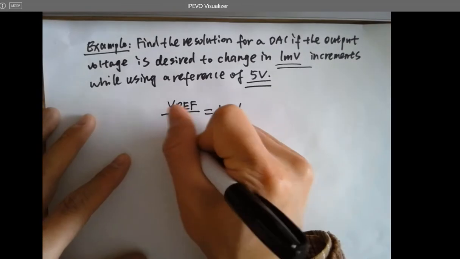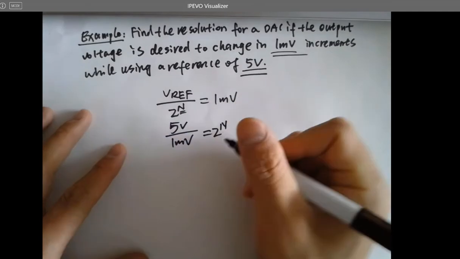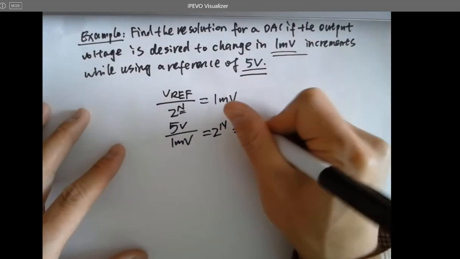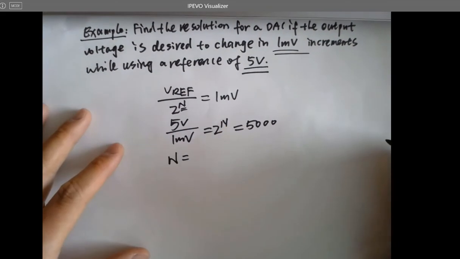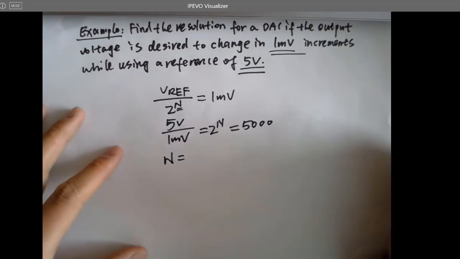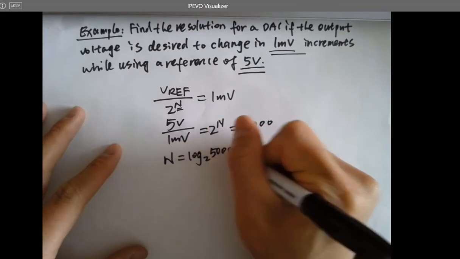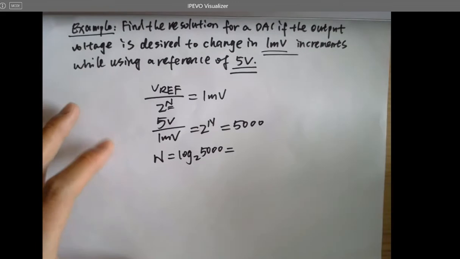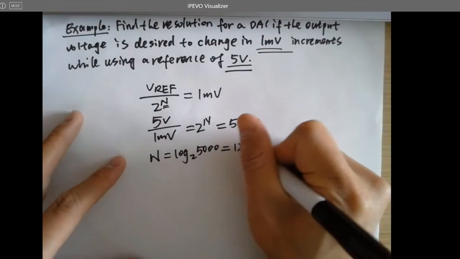It's 5 volts over 1 millivolt equals 2 to the n, which is 5,000. So n equals what? Log 2 of 5,000. What is that? And so the result is 12.29 bits.